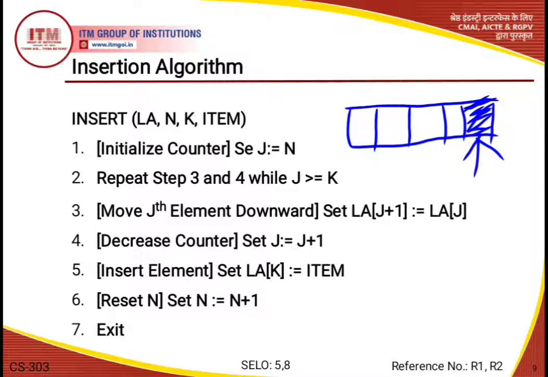So for this purpose here we have to set the value in the form of position, that LA j plus 1 is equals to LA j. Okay, means simply we are just placing the fifth item on the 4th position. Okay, now we decrement the counter value as j is equals to j minus 1, because now we get the position from where we want to insert our item, then we have to decrease the counter value.